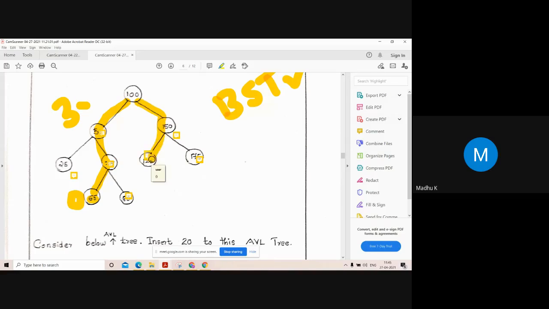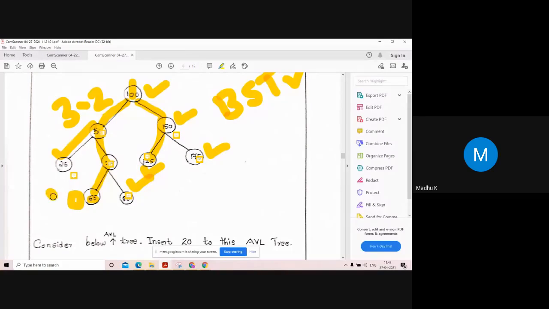The longest path is 2. If we go in this path also, it is 2. So 3 minus 2 is 1. So this is also okay. In this tree, every node satisfies the balancing factor condition. So it is an AVL tree.